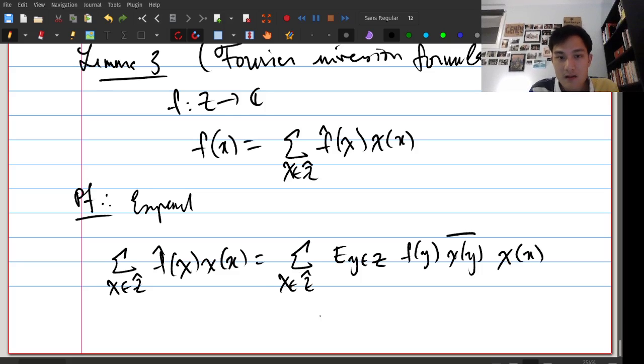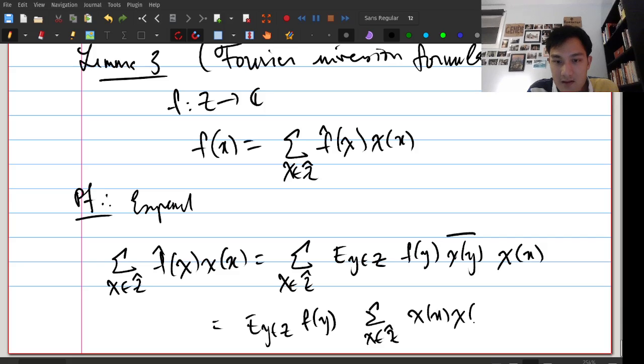If we pull out everything that doesn't depend on chi, the expectation over y in Z of f of y, then everything inside here, the sum over chi in Z hat, is chi of x times chi of y bar.